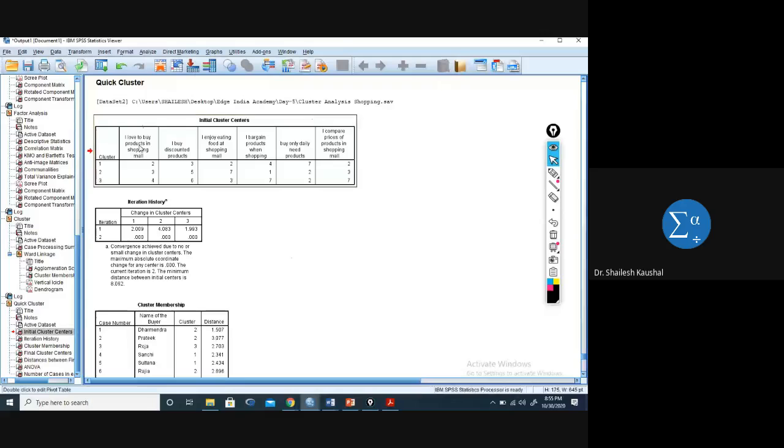So the initial: I love to buy products in shopping mall. There are three clusters. So how many people in cluster 1, 2, and 3? This is my cluster 1, cluster 2, and cluster 3.